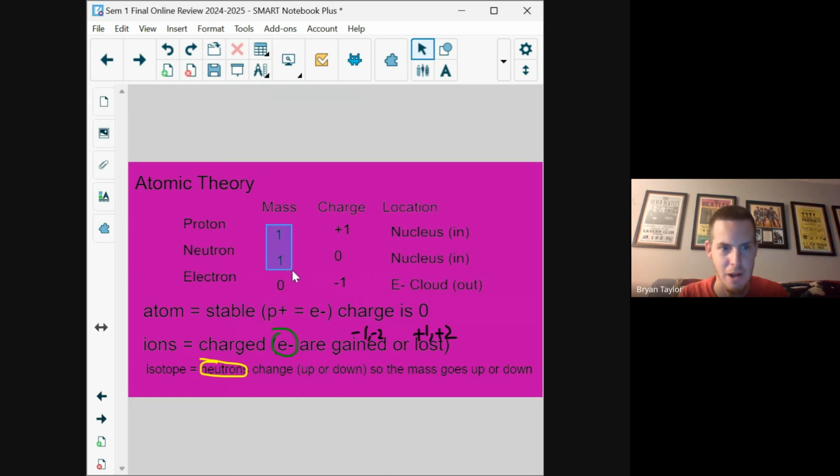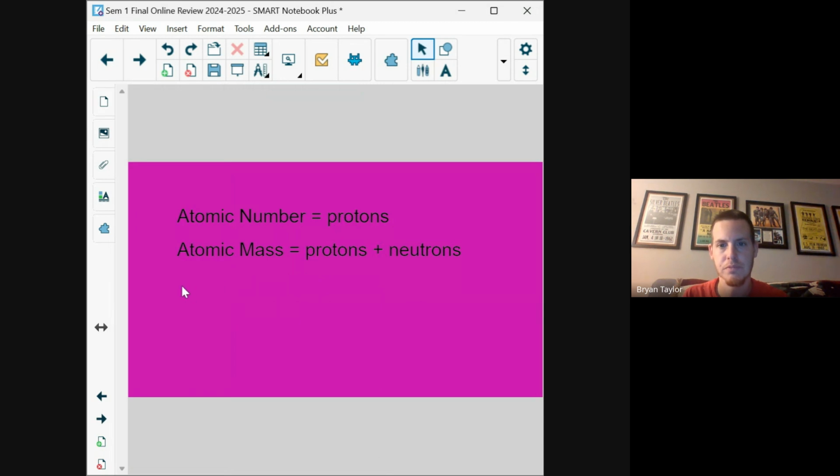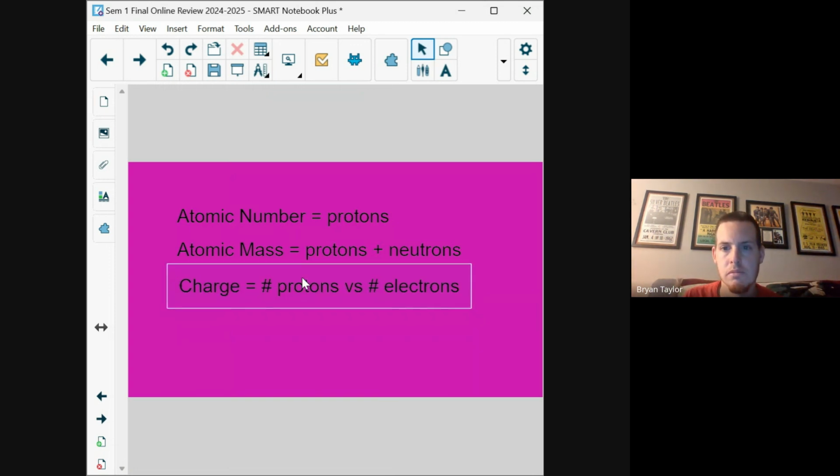We can't add electrons because 0. 1,000 tiny things is 0. It doesn't matter. And then the charge is essentially you're comparing your number of protons versus your number of electrons. More protons positive, more electrons negative. Same 0. And that's really what it comes down to.